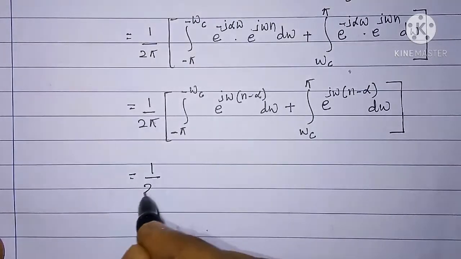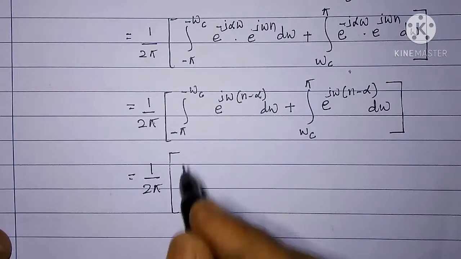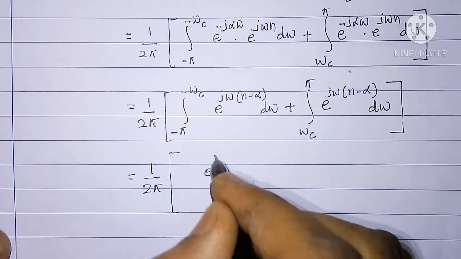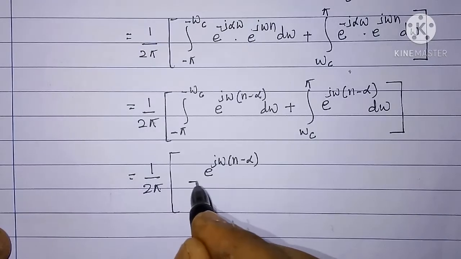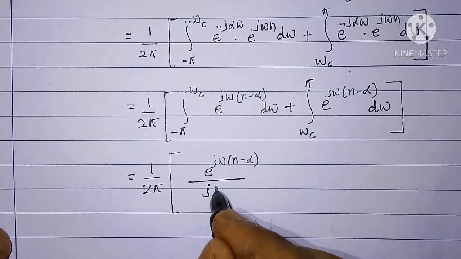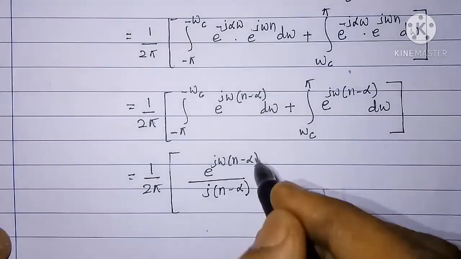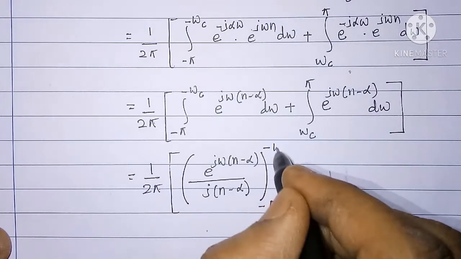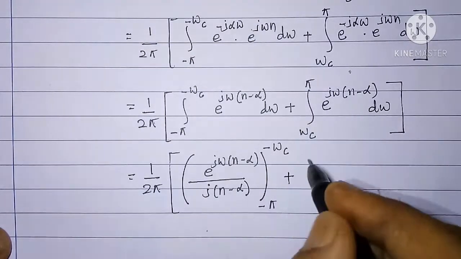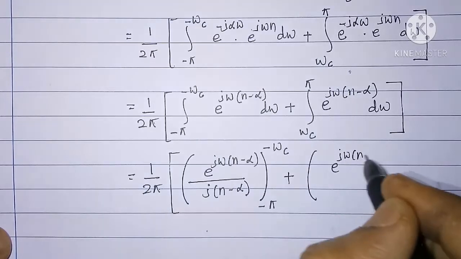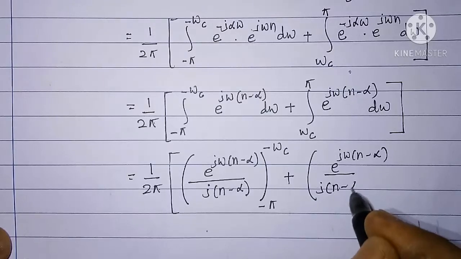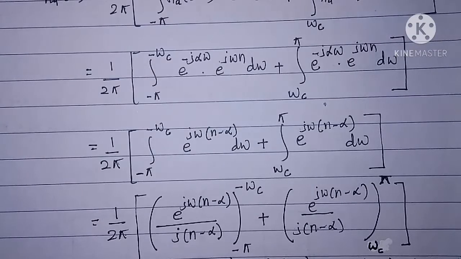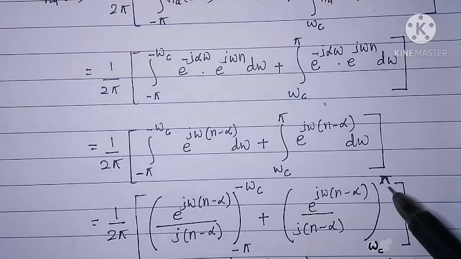Integrating and simplifying, we get 1 by 2 pi, e raised to j omega into the bracket n minus alpha by j into n minus alpha, limits of integration are from minus pi to minus omega c, so I have to take the same limits here, plus e raised to j omega into the bracket n minus alpha by j into the bracket n minus alpha, here the limits of integration were omega c to pi, therefore we will write lower limit as omega c and upper limit as pi.